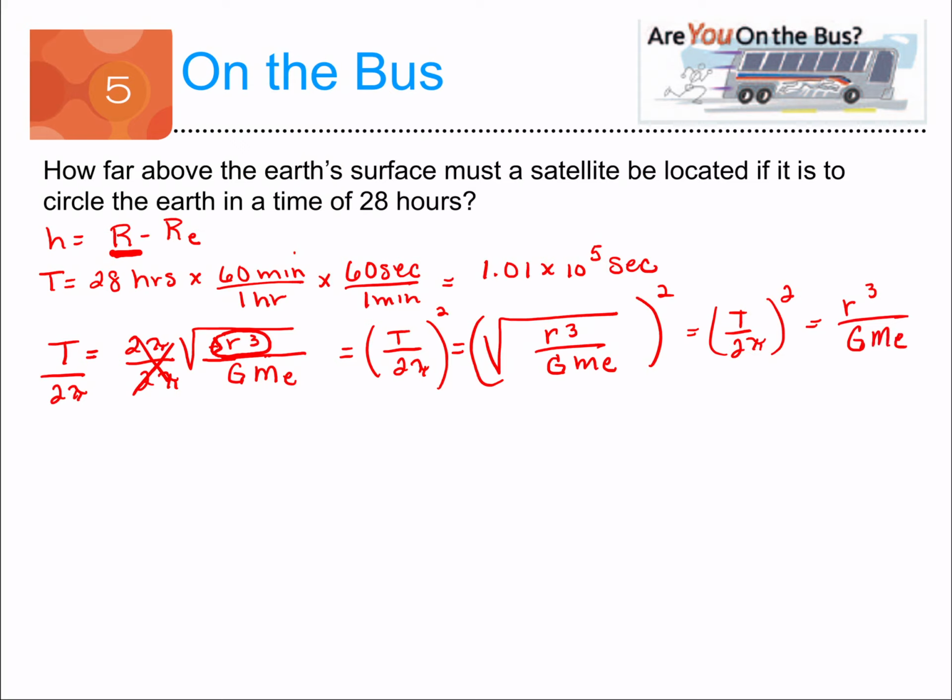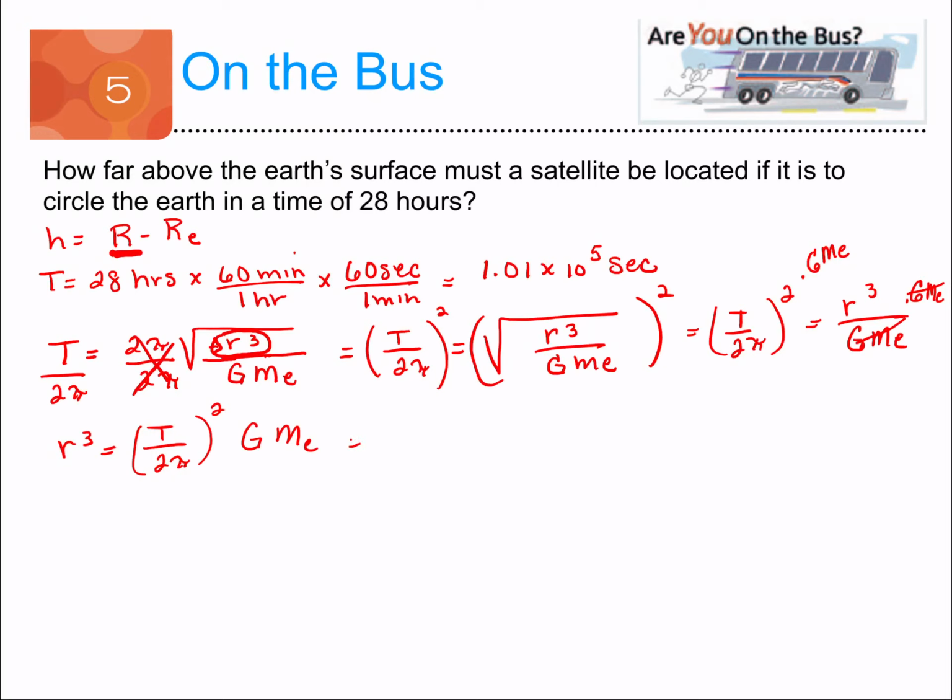And then we're going to multiply g times the mass of the Earth by both sides. Okay, so that'll cancel, so we're going to be left with r cubed equals T over 2 pi, that's all squared, times g times the mass of the Earth.